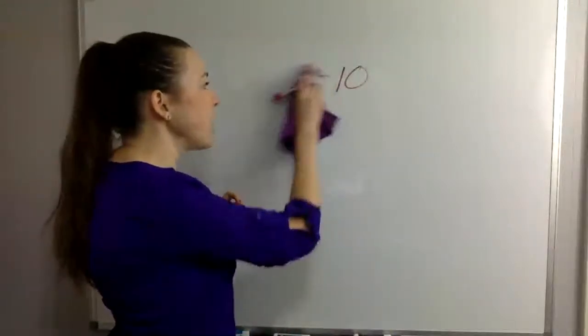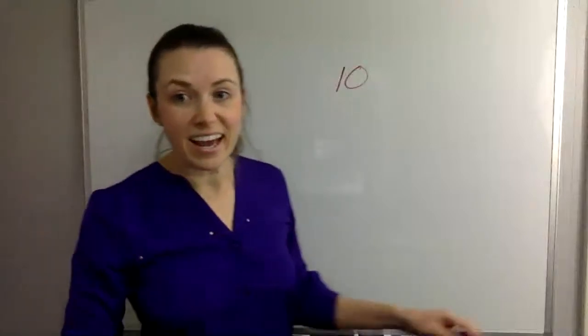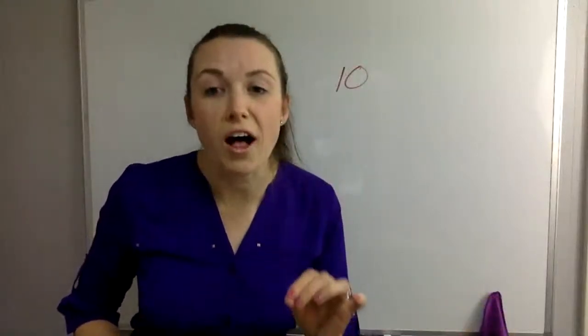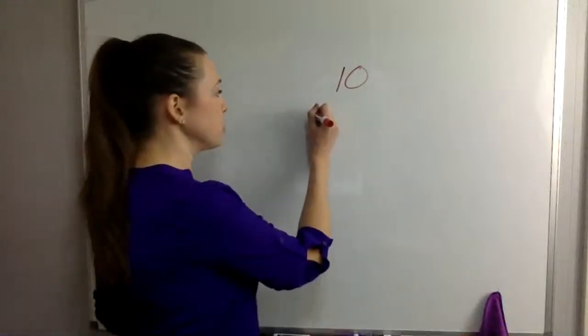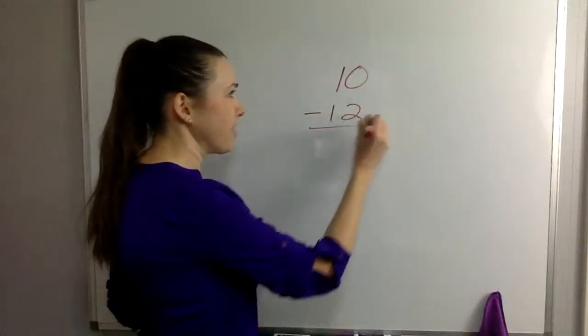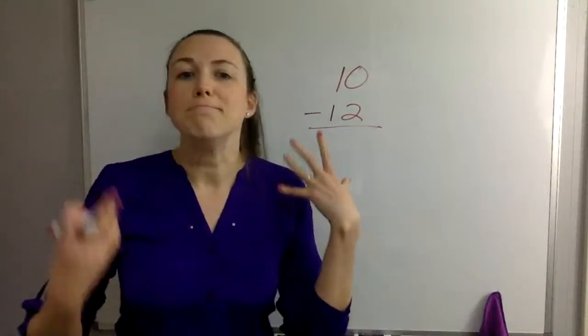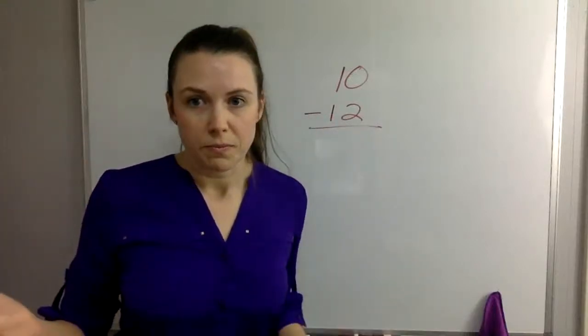So I have a positive $10, and then I am going to buy something that is $12, right? So then I'm going to subtract $12. What am I going to buy that's $12? Let's say I'm going to buy some groceries, okay?